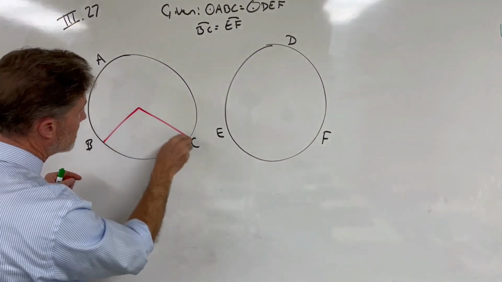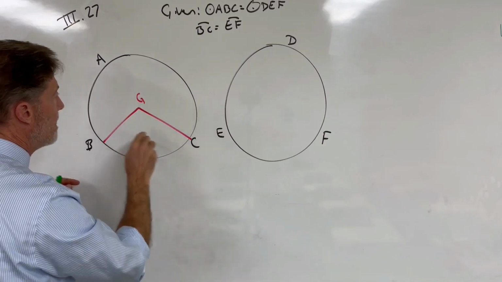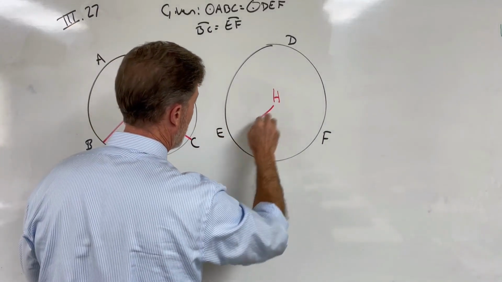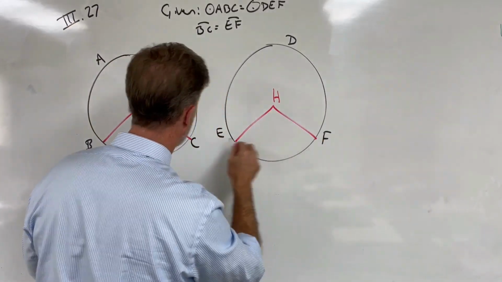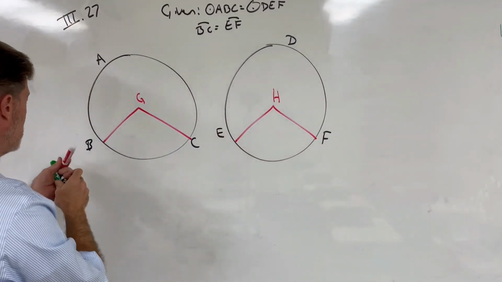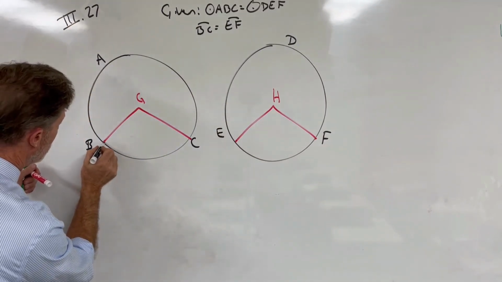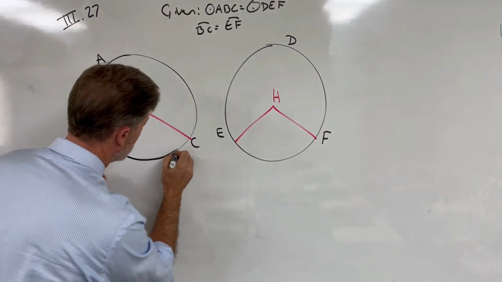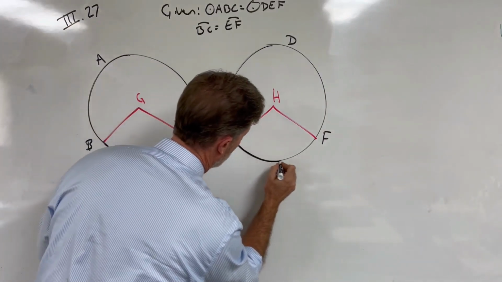So if we have an angle at the center, say G, another angle at this center, say H, and they both stand on these equal circumferences. Remember, it's a given here that this circumference is equal to this circumference.